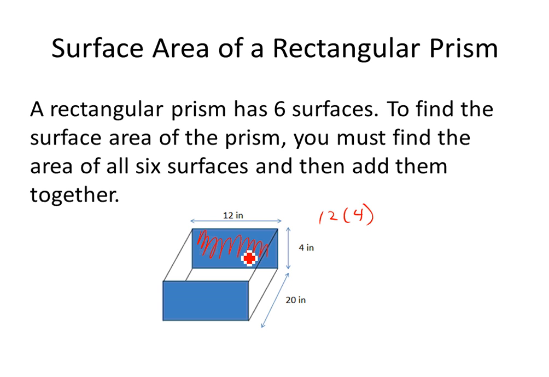Well, the back one is a 12 by 4 rectangle, so that will be the front area. So I'm going to multiply that by 2 because there's 2 of those. So 12 times 4 times 2 is 96. So 96 inches squared for the front and back rectangles.